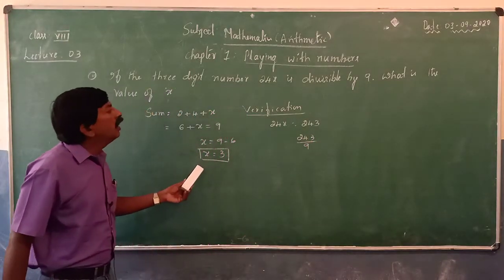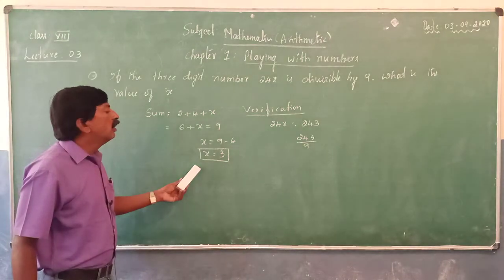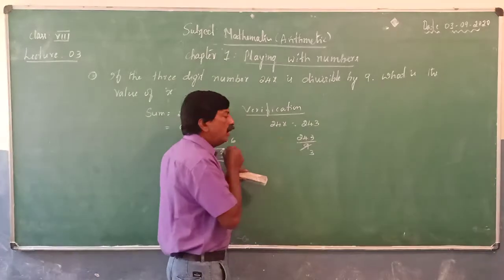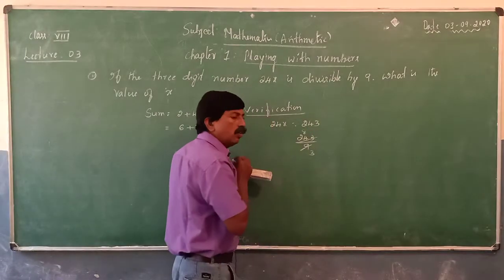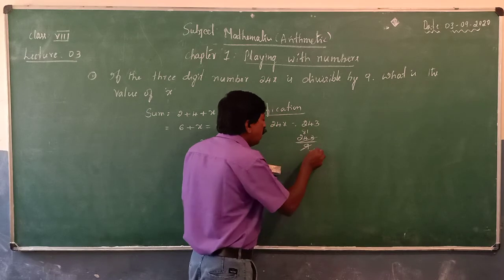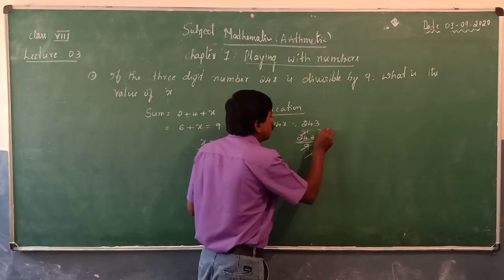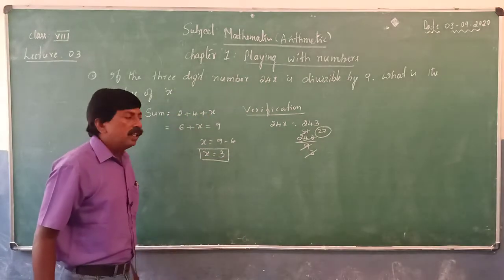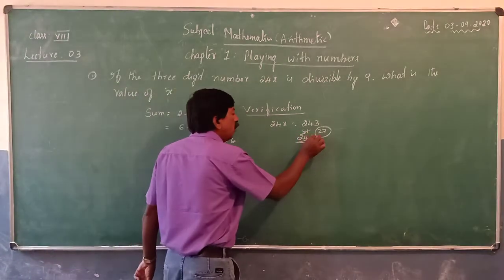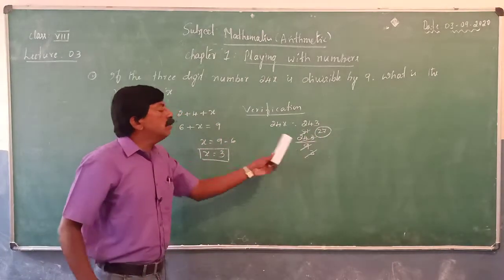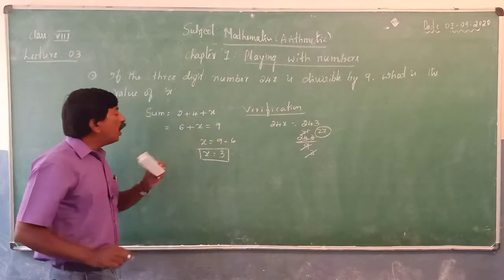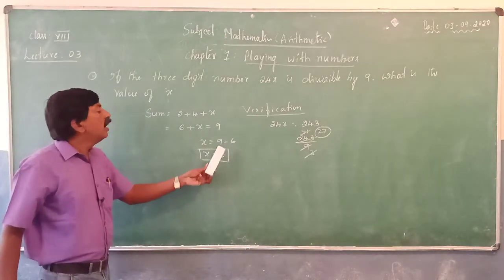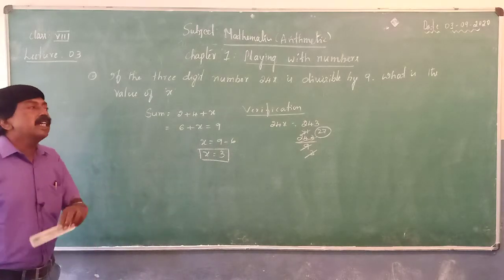Observe: 9 threes are 27, so 27 and the remainder, so 9 27s are 243. So while taking x value 3, it is divisible by 9. Therefore, the value of x is 3. Remember, like this we have to find the x value.